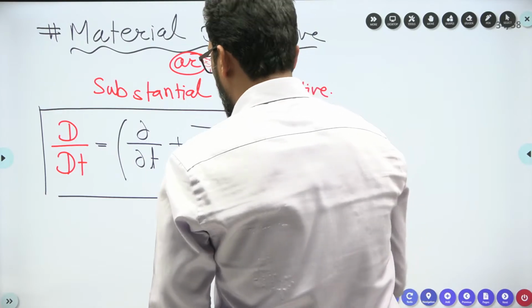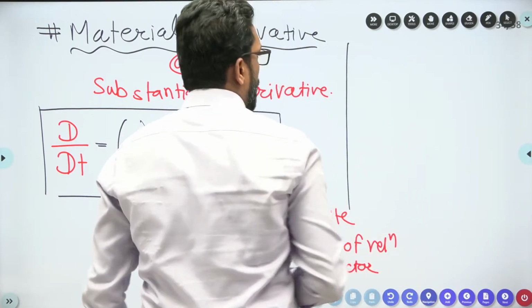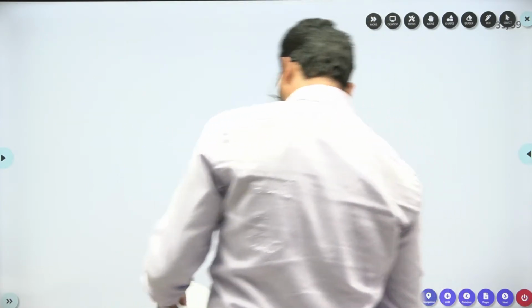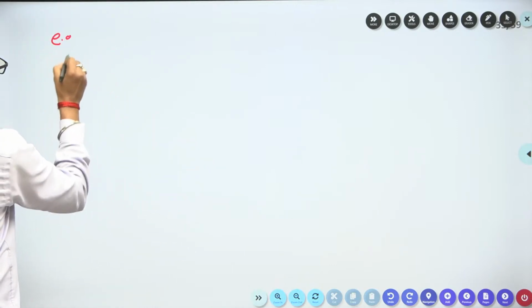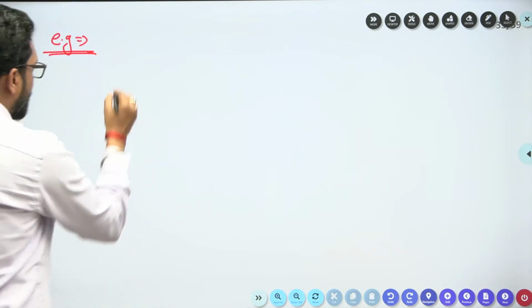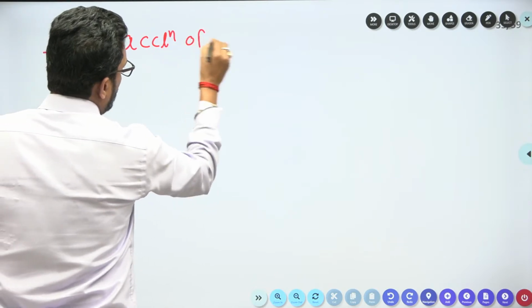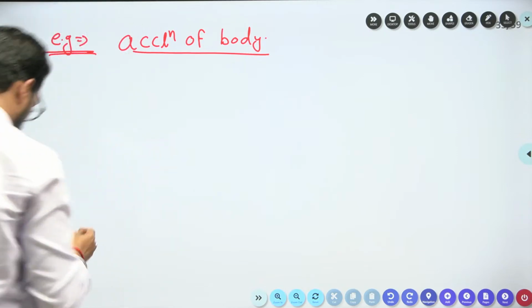Now, see, very important, I give you one concept. As an example, let's take acceleration. We are talking about the material derivative, and we want to find the acceleration of a body. How to write the material derivative for the acceleration of a body?